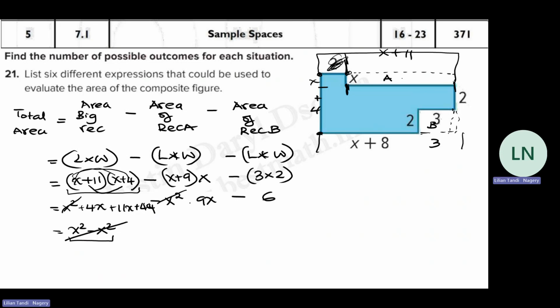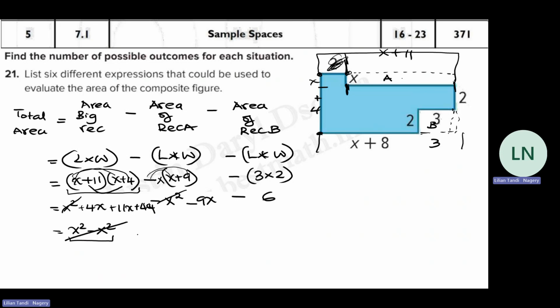This should also be negative because I put this x here. So with negative 9x. So this and this, negative x squared, and then this and this, negative 9x. Yes, okay, let's continue.